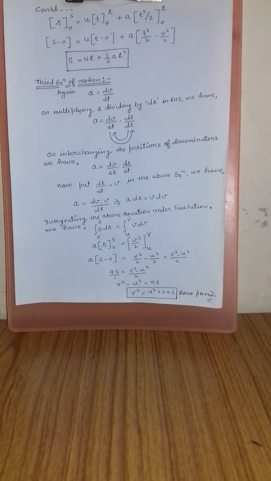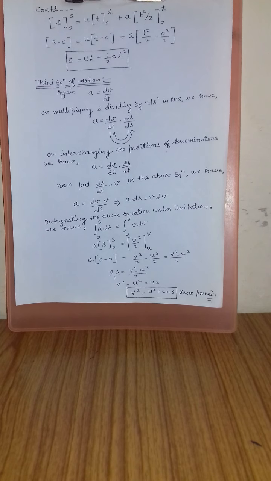Now your third equation of motion, again we will look at the definition of acceleration, which is the differentiation of instantaneous velocity with respect to time. Mathematically a is equal to dv over dt.